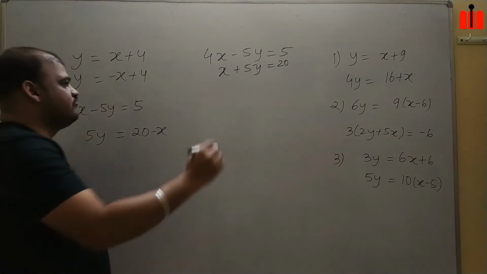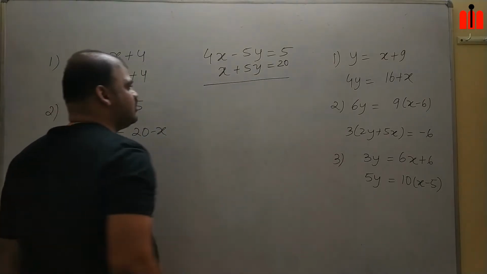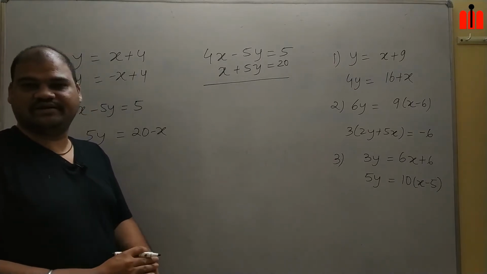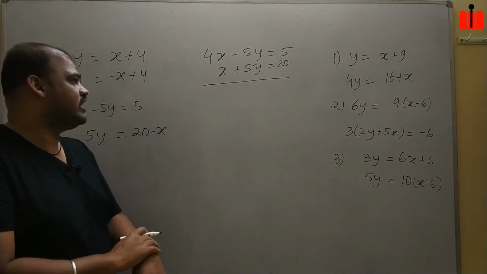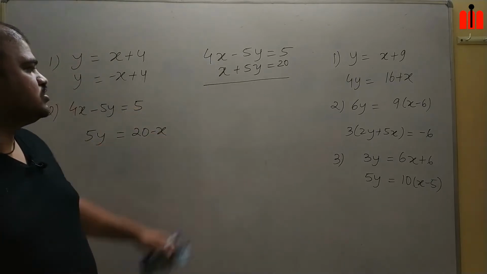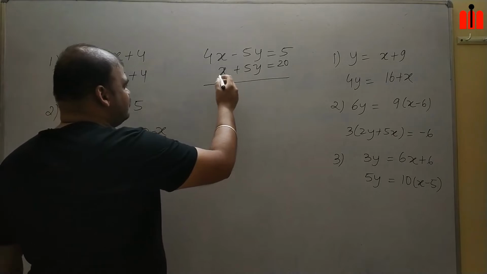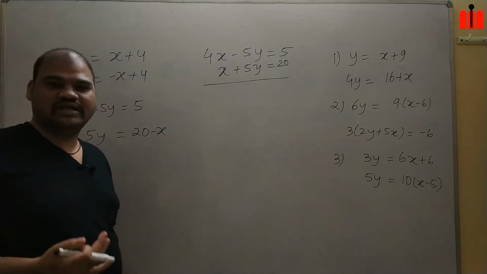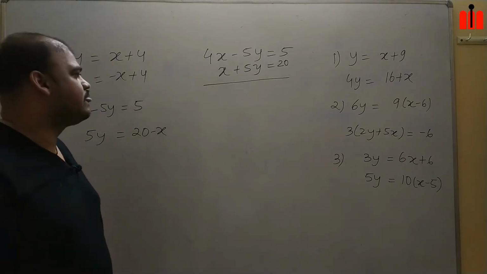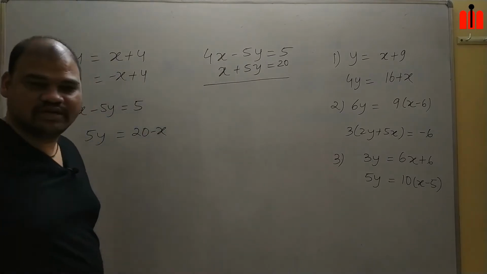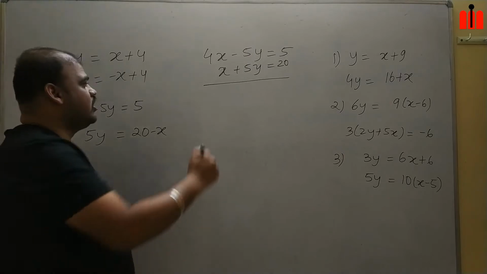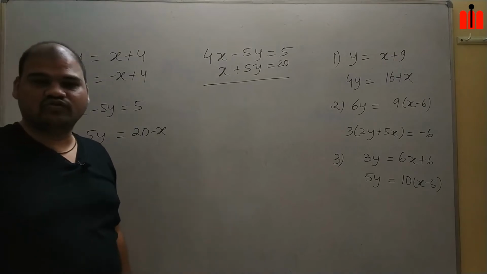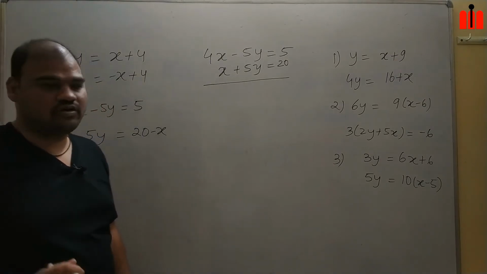Okay. First, I will do elimination. So I will do elimination only for this. Substitution you can put and check and get the answer for that. Okay. So for elimination, what I will do, here y coefficients are same. Let me do that LHS method which I told earlier. So I will take x. In this x, one coefficient is 4 and another is 1. So what is the LCM of 1 and 4? 4.